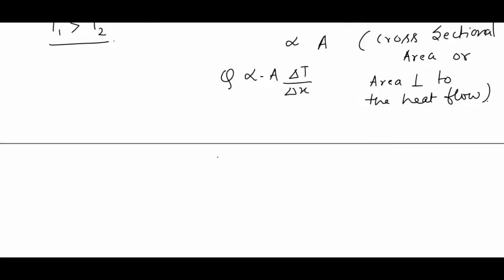Now further, to remove the proportionality sign, I put Q equals minus K A delta T by del X. This law, derived from the phenomena, that is from the experiments, is known as Fourier's law.